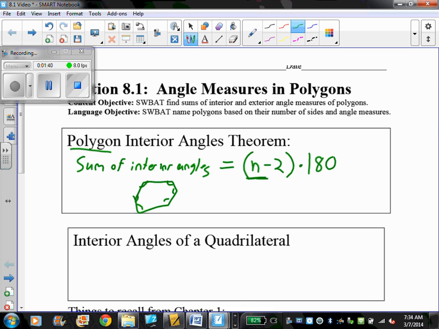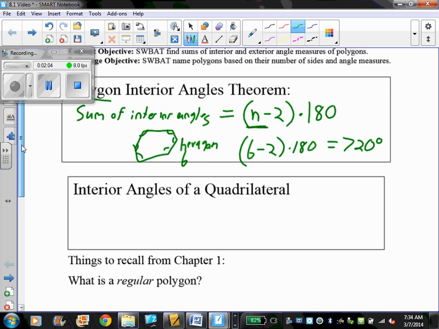N is the number of sides in the shape, and since this is a hexagon with 6 sides, we do 6 minus 2 times 180, which gives us 4 times 180, which is 720 degrees. That's those angles all added together, and that's how that property works.